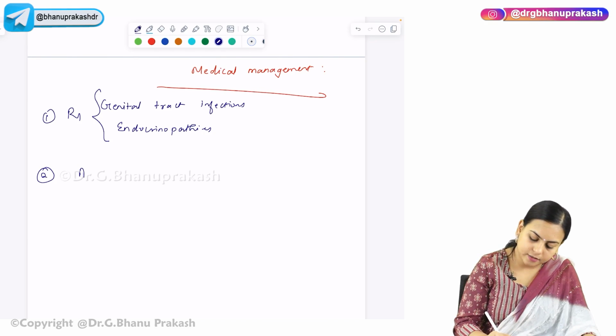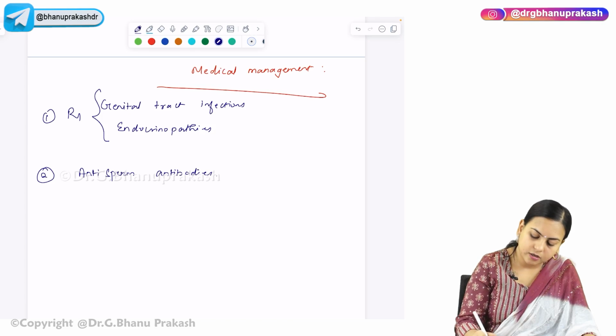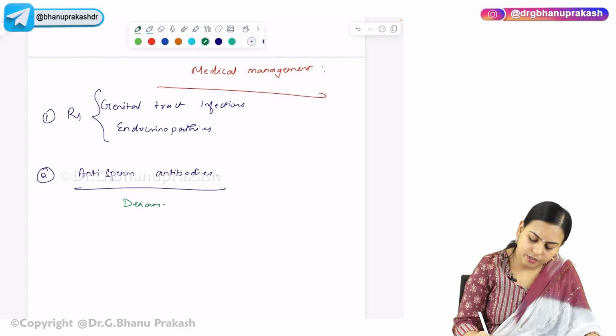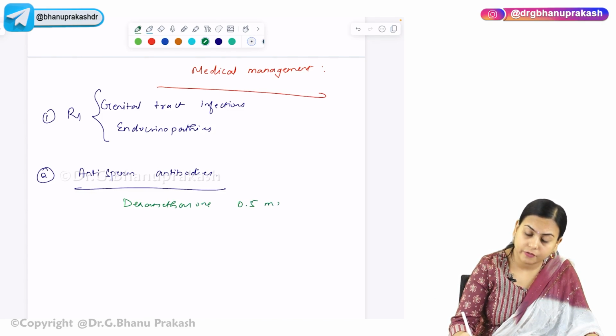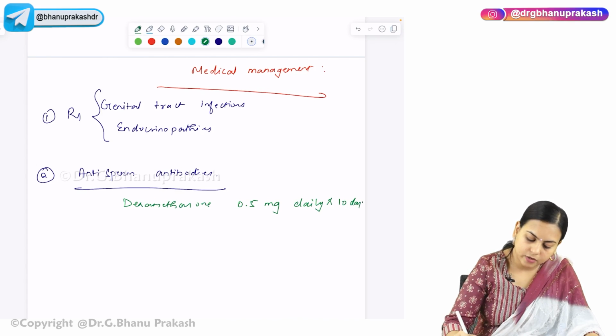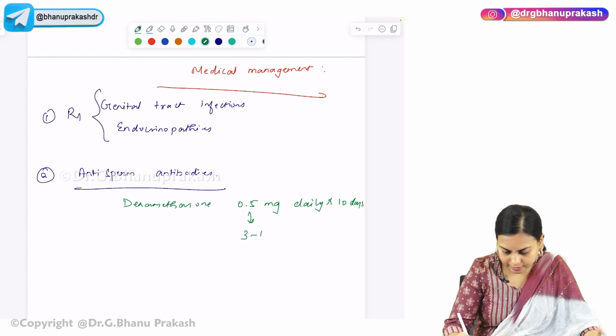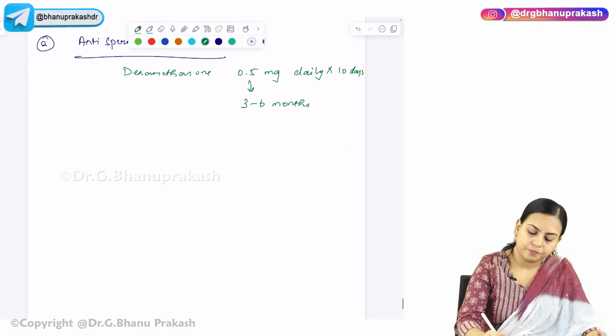And if you find anti-sperm antibodies, you have to give dexamethasone, a steroid, at a dose of 0.5 milligram daily for 10 days in each cycle for 3 to 6 cycles, that is for 3 to 6 months, okay.